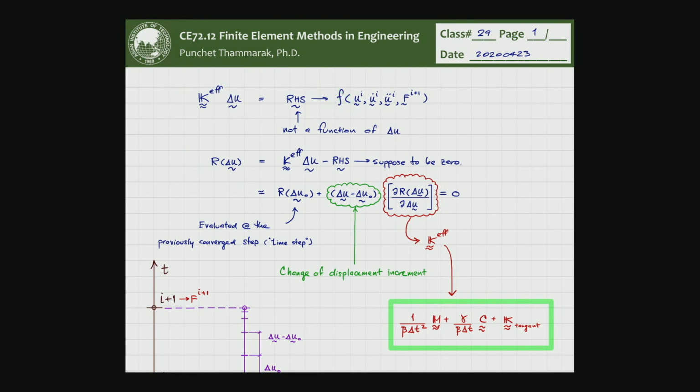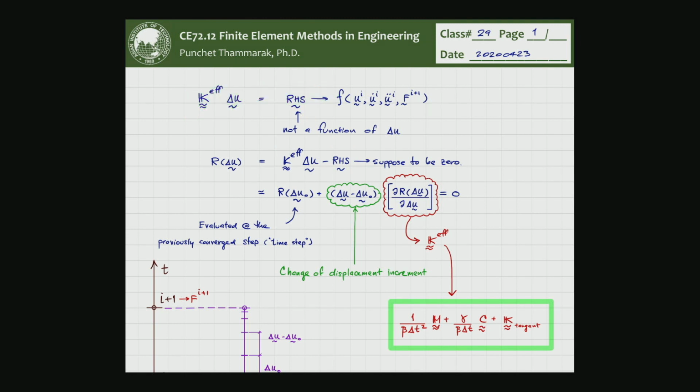So this residual was supposed to be 0 because it is the residual of the equilibrium. This is your equilibrium equation, dynamic equilibrium from the equation of motion. So if the equilibrium is there and k effective, this side, is equal to RHS, then once you move it to the same side, you're going to get 0.